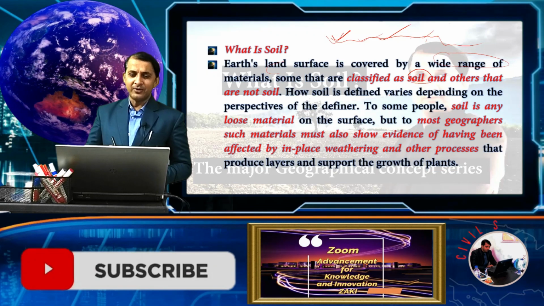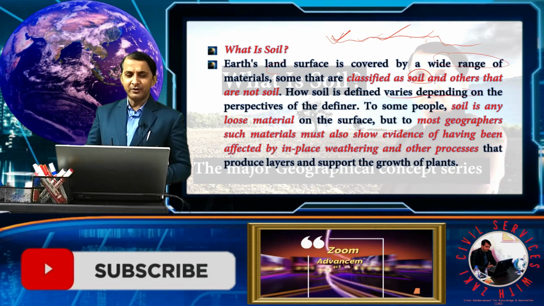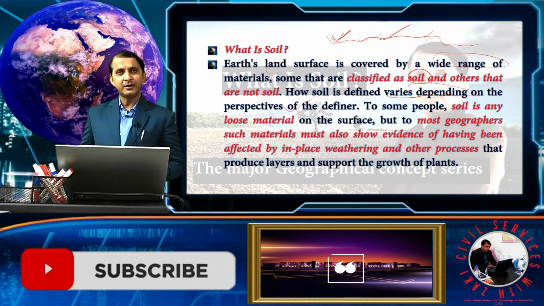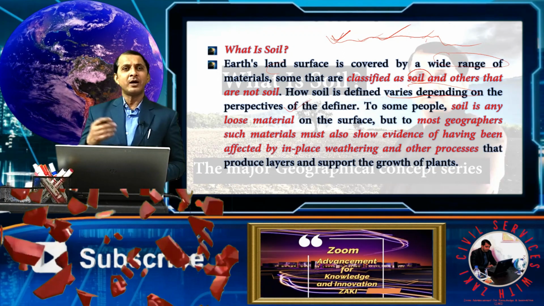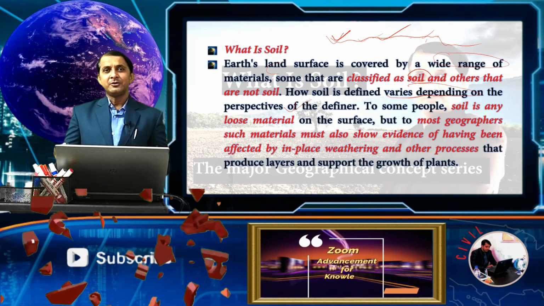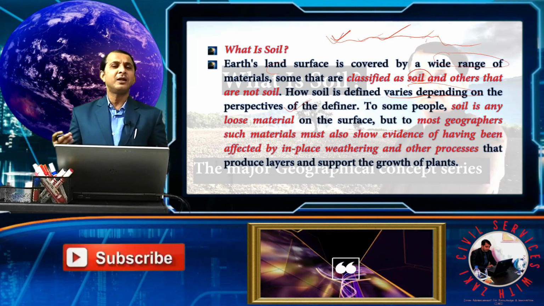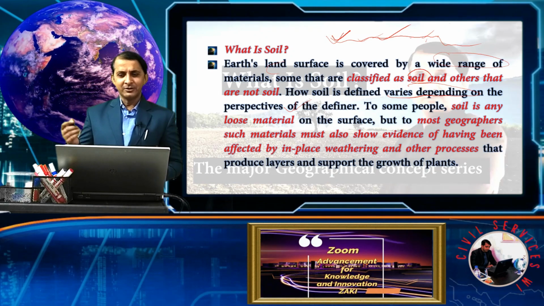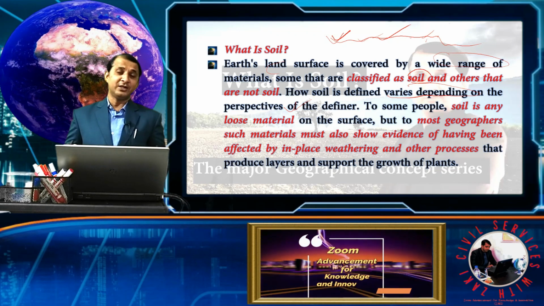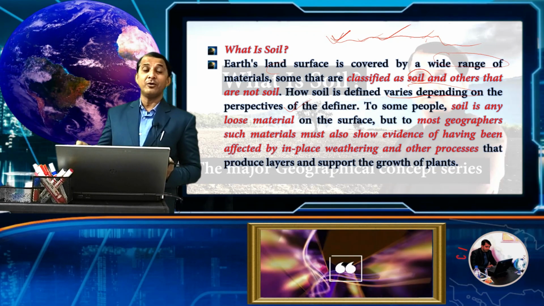How soil is defined depends on the perspective of the definer. If you are a common person, you can simply define it as loose material on the earth's surface. Any loose material on the earth's surface can be called soil.